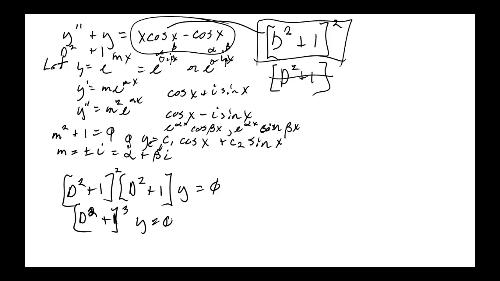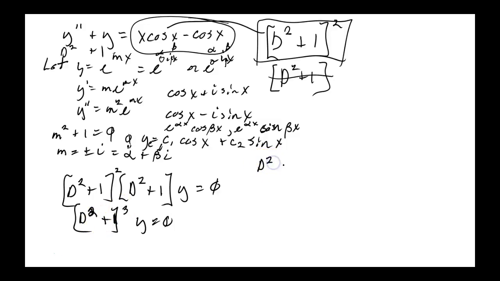Now we do the auxiliary equation for this function, with a cube there. It looks like, and in fact it's going to be the case, that this thing is going to have to be 0.